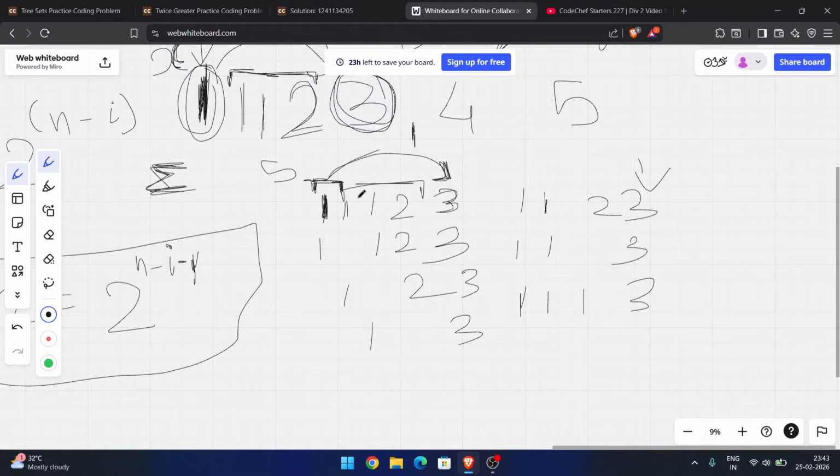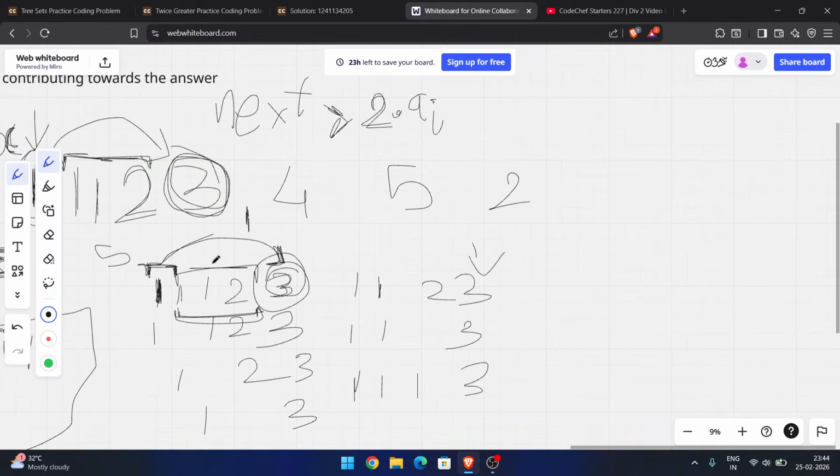In how many ways can this number contribute towards the answer? Whatever the subsequence was earlier, now I have options for these three numbers: I can take it or not take it. So it's again 2 to the power. Let's say my next bigger element is nx, and it is nx minus i.